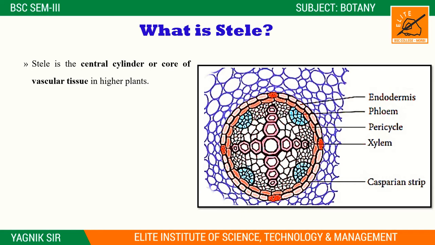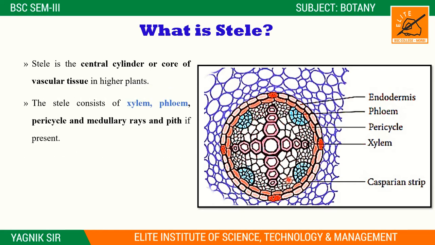So define this term: the stele is the central cylinder and core of the vascular tissue in the higher plant. This central part's arrangement is different in different plant species, different plant genera, and different plant categories, right?